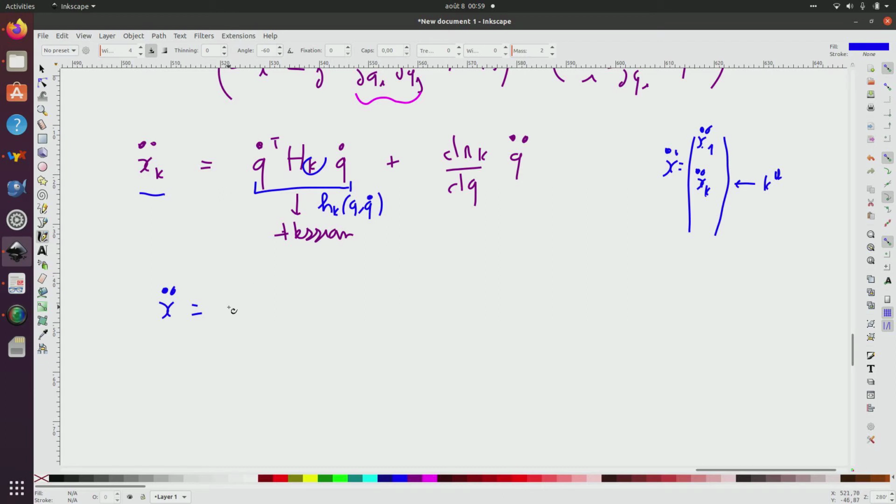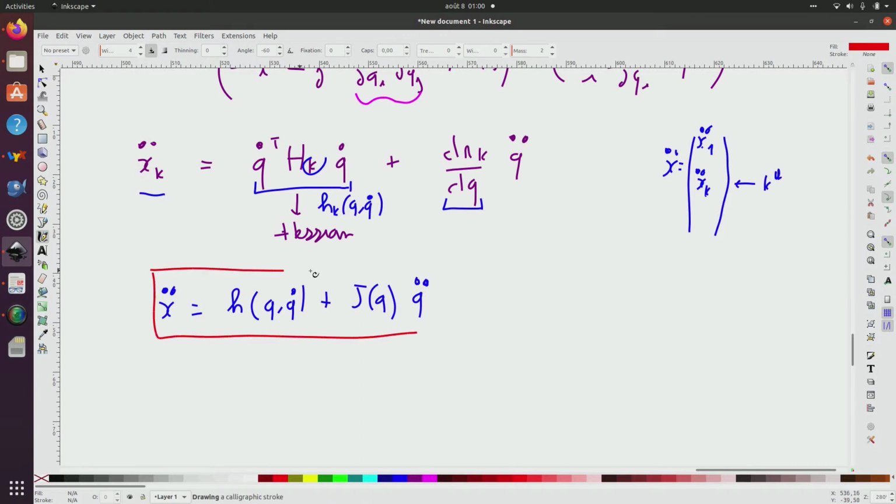Then I will get that h of q and q dot, this one is a vector, and hk is one of its components, plus, so this one corresponds to the kth row of the Jacobian matrix, so I will call j of q, multiplied by q dot dot. So it is the expression I wanted to get.